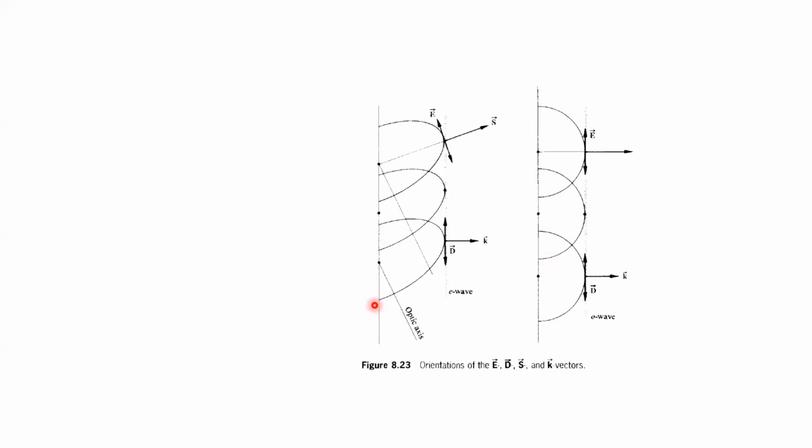Now, for the E wave, you don't have spheres, we have these kind of parts of half ellipses. And one can show that the direction of S is along the axis of these ellipses. We don't have to do this for this diagram. What we need to do is see where in this ellipse you have the same phase, because the points of the same phase give you the wavefront. Notice that the wavefront is this again.